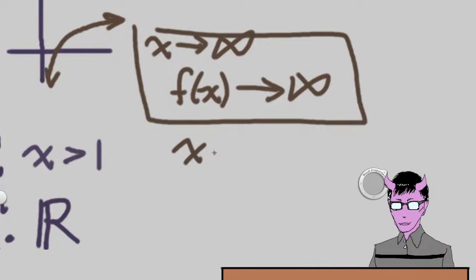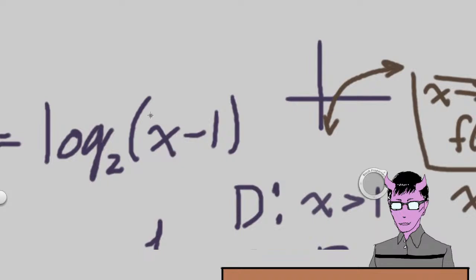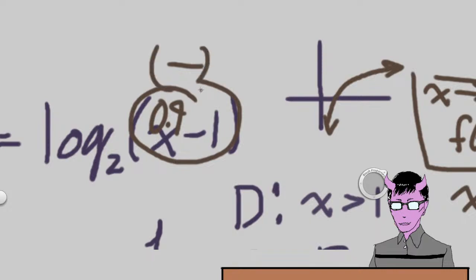So we can say as x approaches 1, but we have to pick positive values, so plus. Because again, you can pick something like 1.1, and that's okay. But you can't pick 1 exactly, and you can't pick 0.9, because this results in negative.